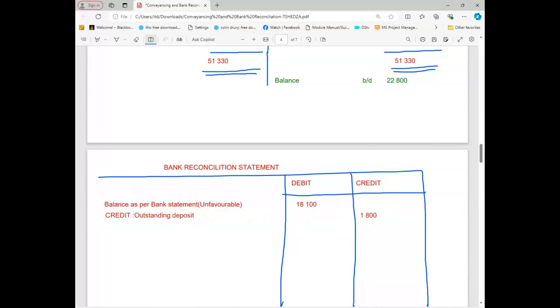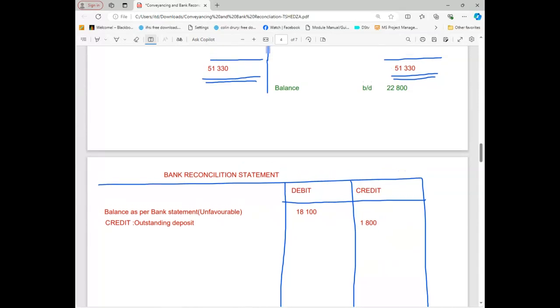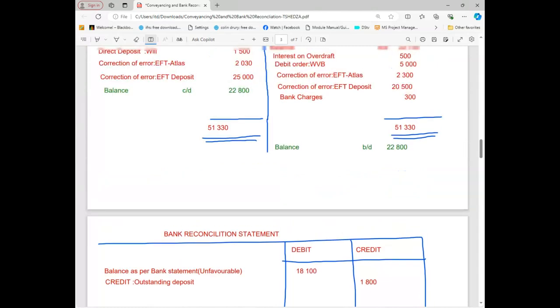So when you see any outstanding deposit, when you come and record here, make sure that it's on the credit side. Because if you put it on the debit side, it means it's not a deposit. You didn't receive that money. Does that make sense?